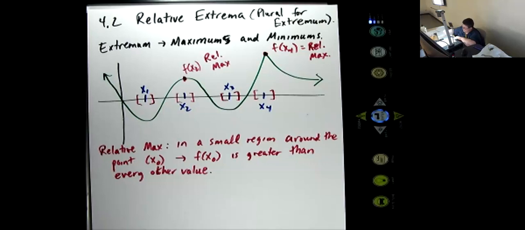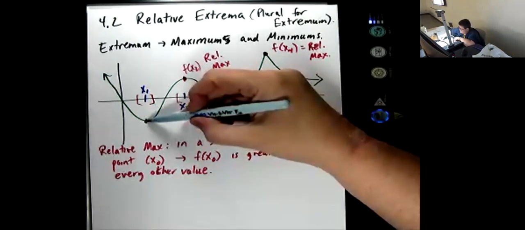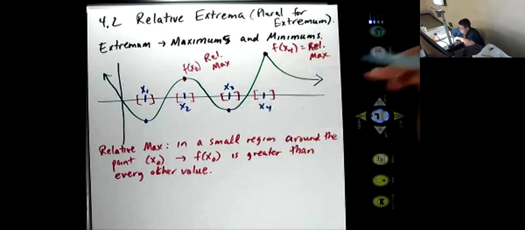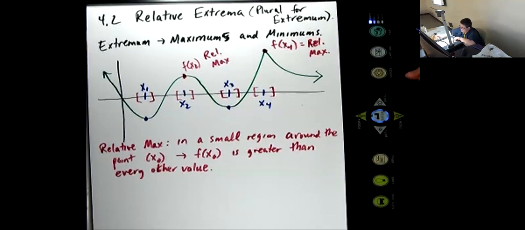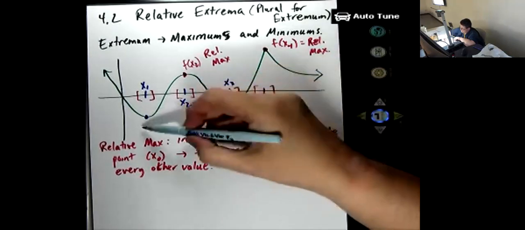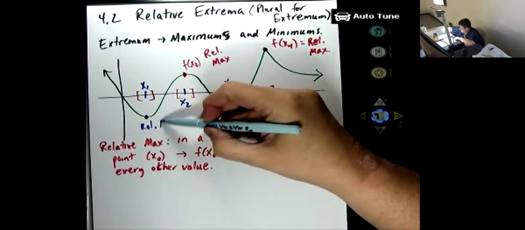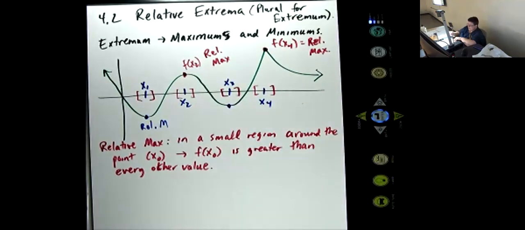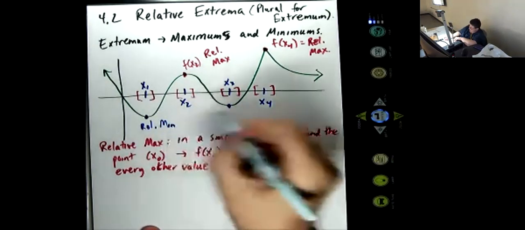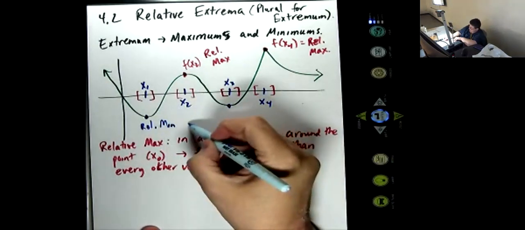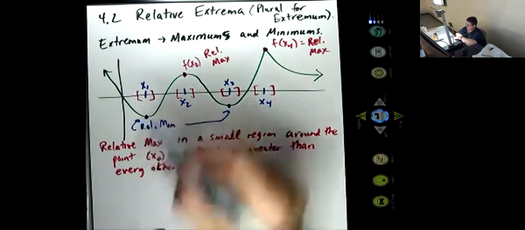Our other relative points are these two, and those have the lowest value in the region around them. So these are relative mins. x1 and x3 are relative mins.